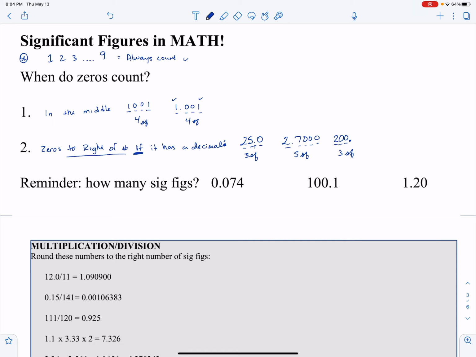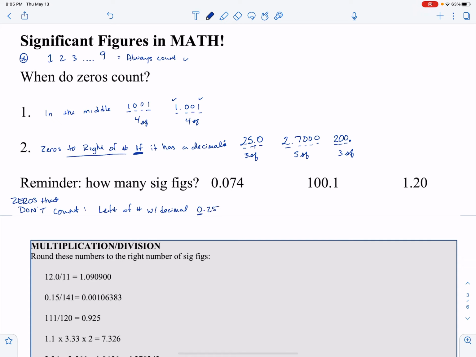And then people are like, well, what about all the other cases? All the other cases, those zeros do not count. So if you really want to know what doesn't count, it's when they're on the left of a number with a decimal, like 0.25.